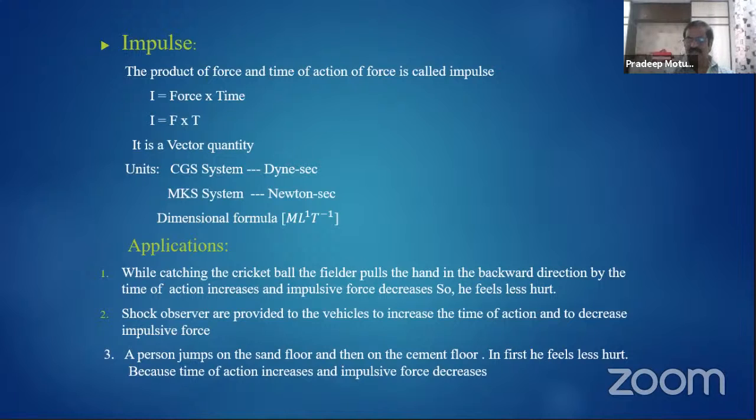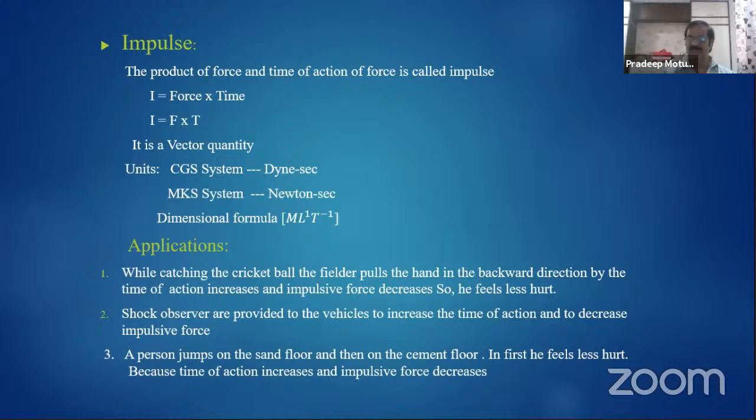Whereas if he jumps on the sand floor, he takes less force with more time to stop. In this case, the impulsive force decreases. So the person who jumps on the sand floor does not get any injuries.